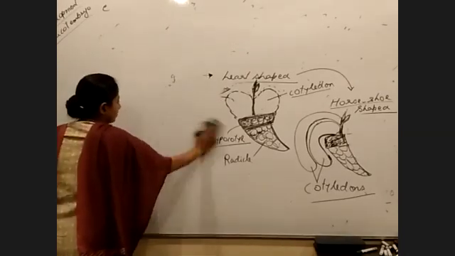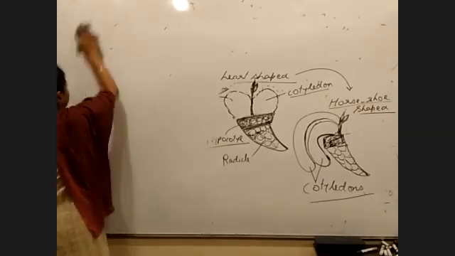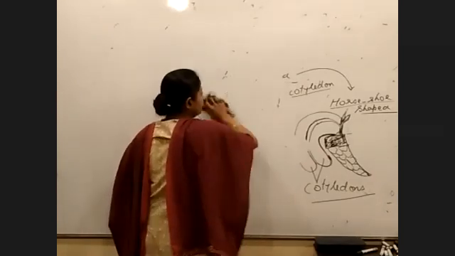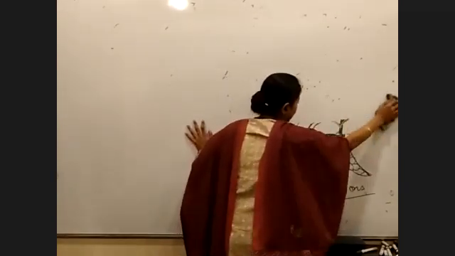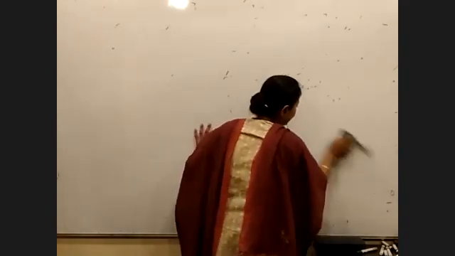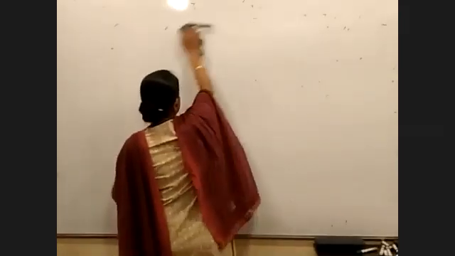So this is how the embryo develops in a dicot plant. Now, if you want to see the dicot embryo, where can you see it? Obviously, inside the dicot seed, yes or no? You will find the dicot embryo inside the dicot seed.